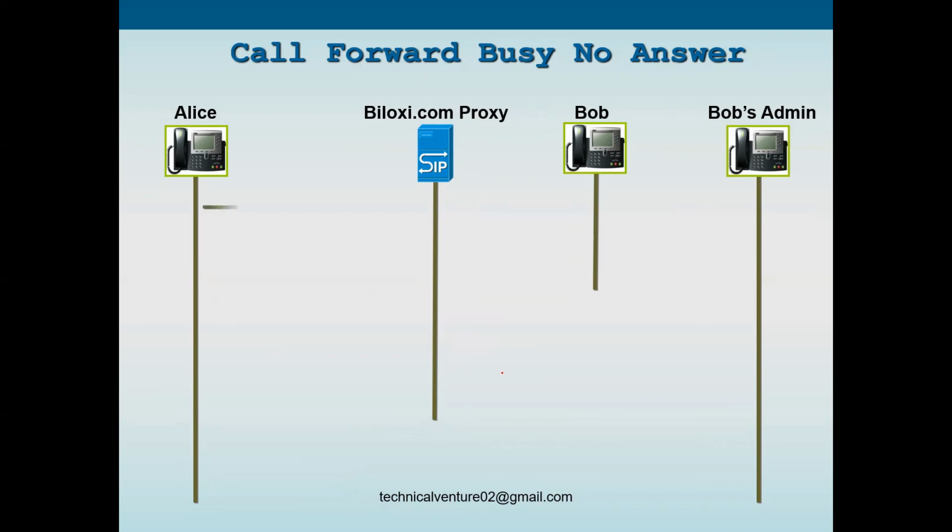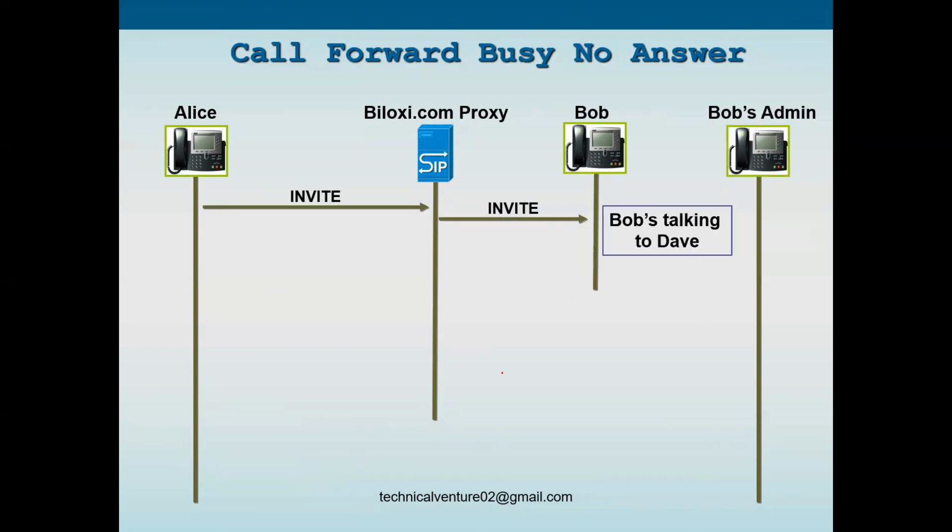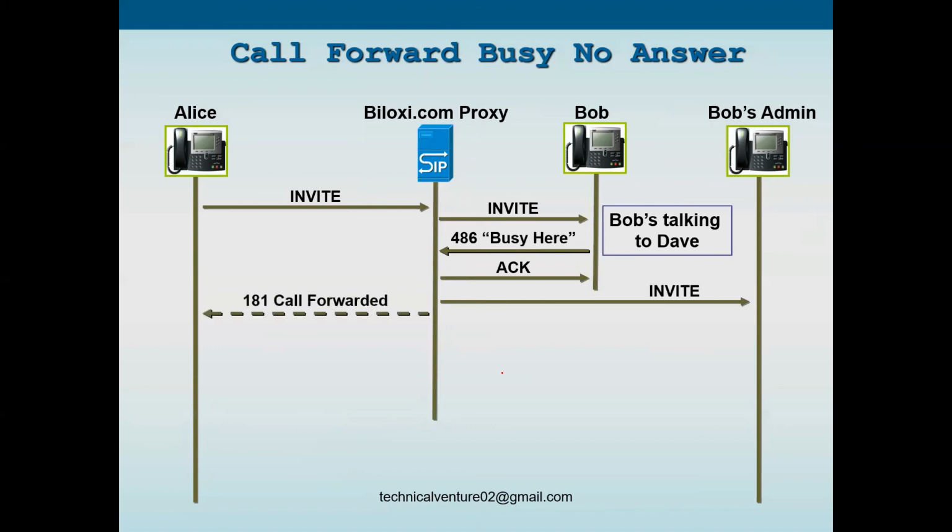Let's check it out. First, Alice will send an INVITE to the proxy, and the proxy will send an INVITE to Bob. Now Bob is saying I am talking to Dave right now. So it will send the 486 Busy Here to the proxy, and then it will send an acknowledgement. Then the proxy will send an INVITE to Bob's admin, because there is a configuration on Bob's phone: if I am busy, then forward my call to this number, in this example Bob's admin.